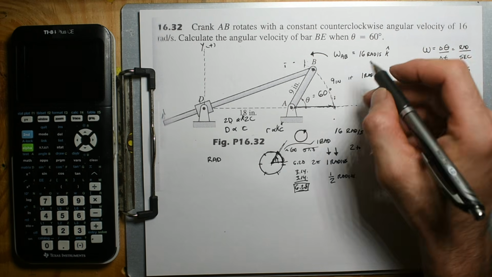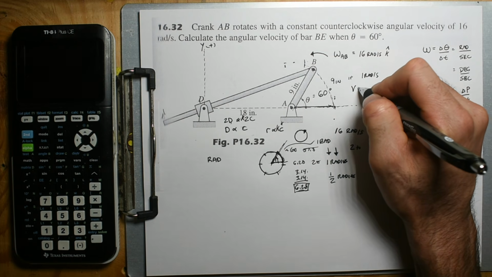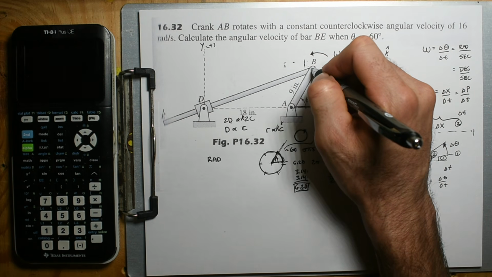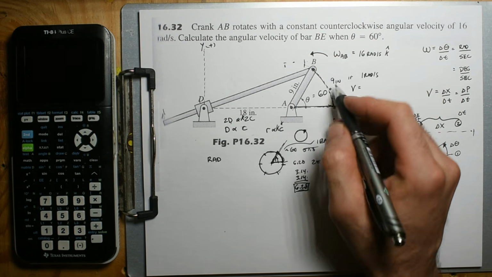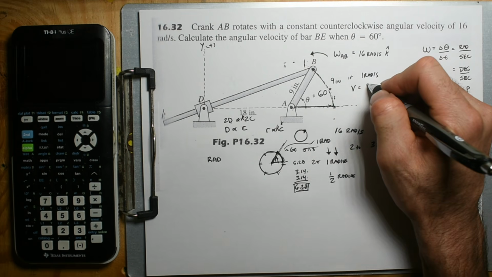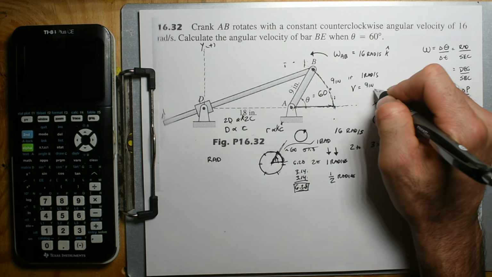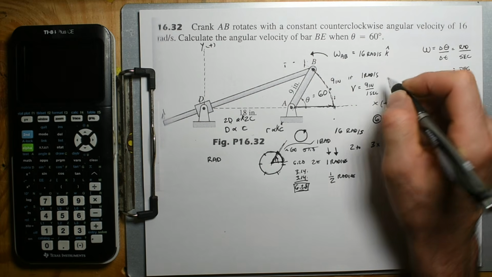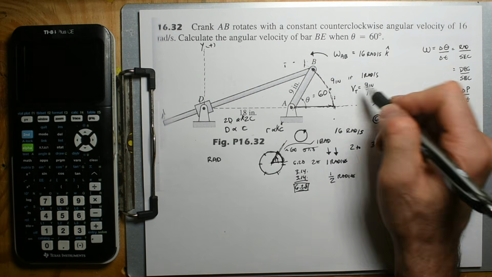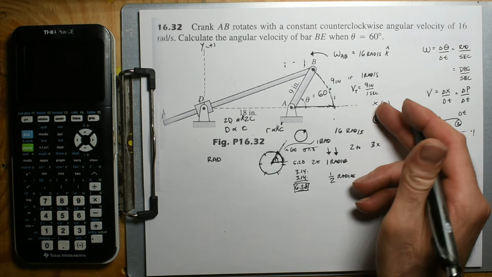And then what would be our velocity? Our velocity would be the distance that we traveled, the length of that arc, which was 9 inches, in 1 second. So our tangential velocity would be 9 inches per second.